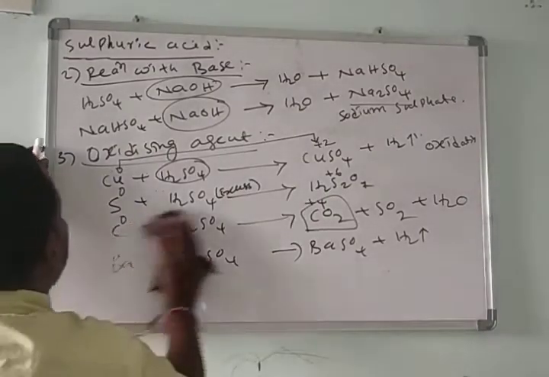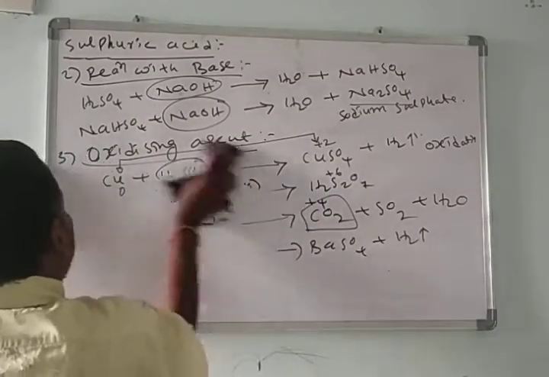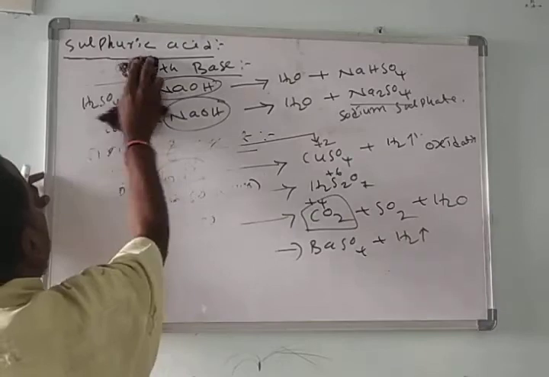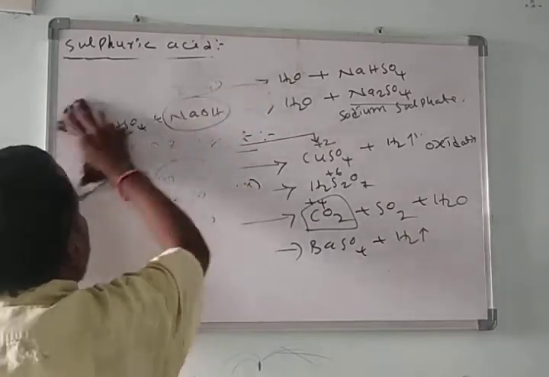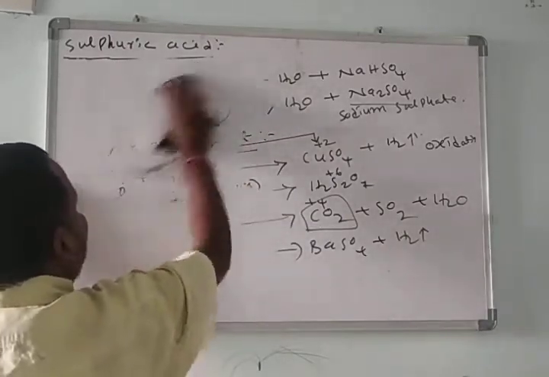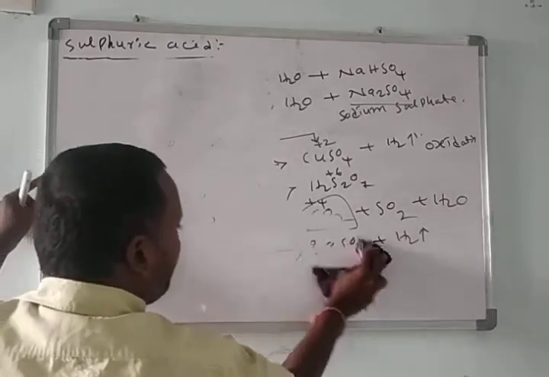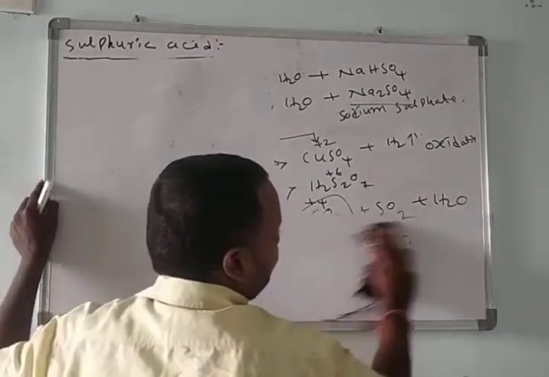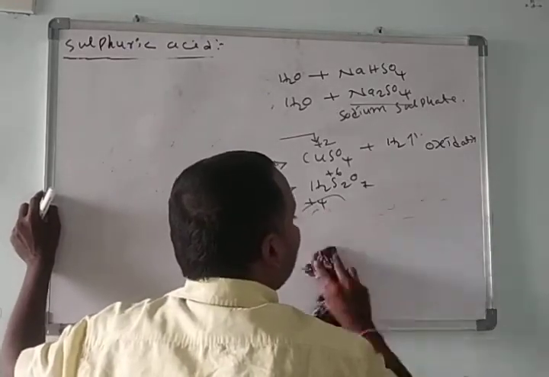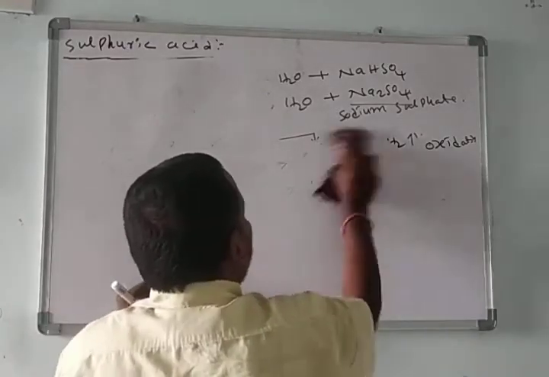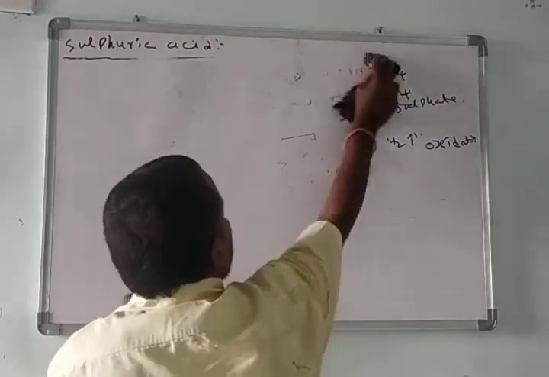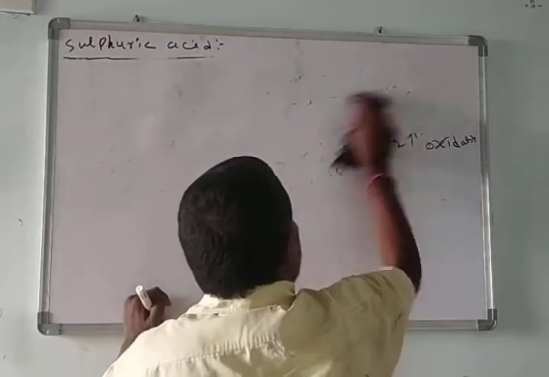Then in continuation we'll see one of the important roles of sulfuric acid in chemistry. It acts as a dehydrating agent. For example, the human body is made of 90% water, and 10% skeleton made of calcium.